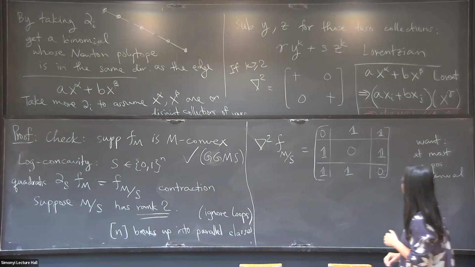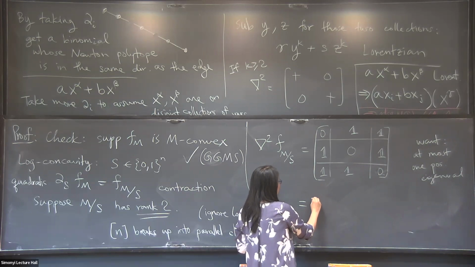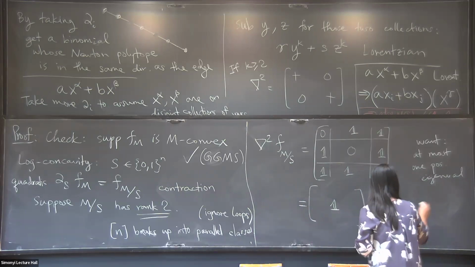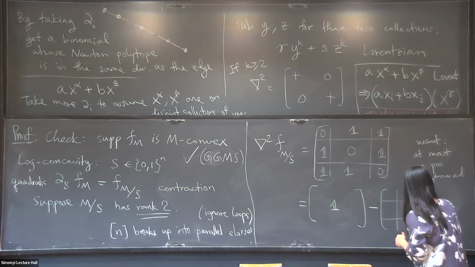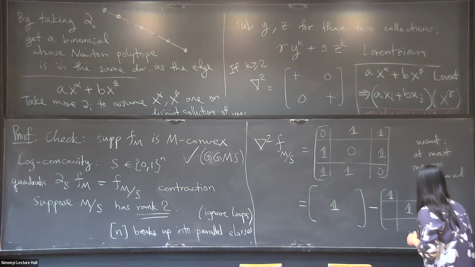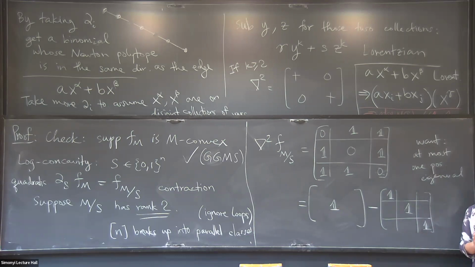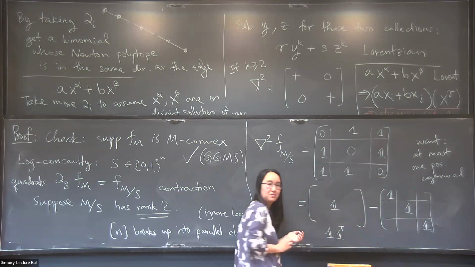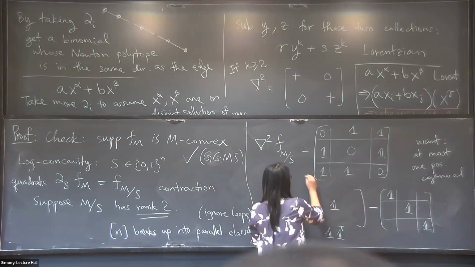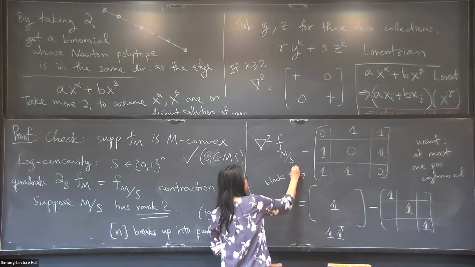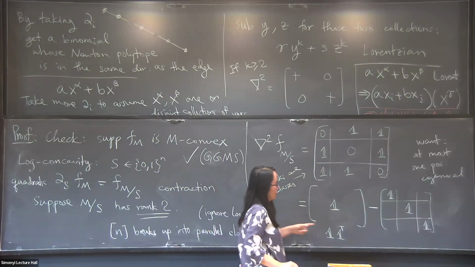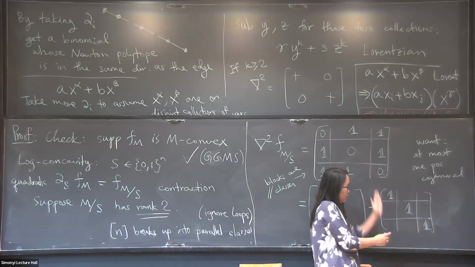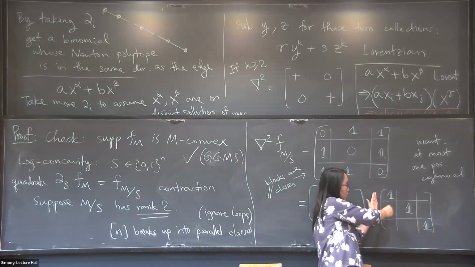So let's rewrite this. You can take a big matrix of all ones minus a block matrix of ones down the blocks, where the blocks are the parallel classes. This all-ones matrix is rank 1, being a column of ones times a row of ones. And this matrix is positive semi-definite because each little block is a column of ones times its transpose.